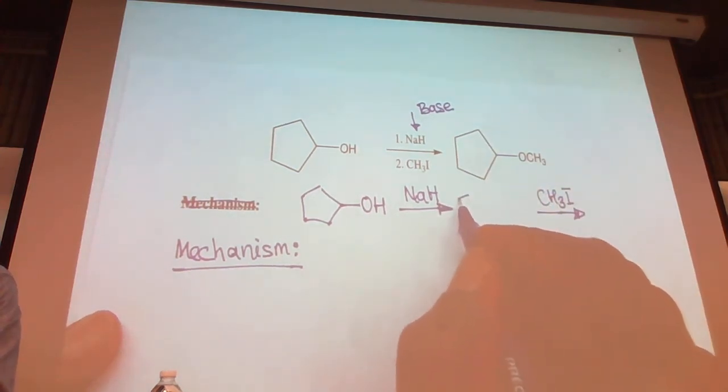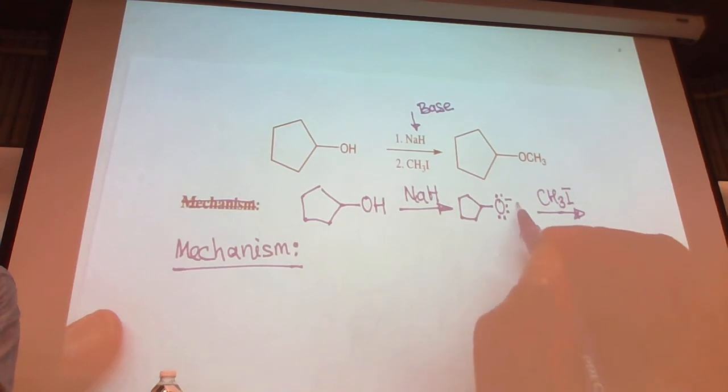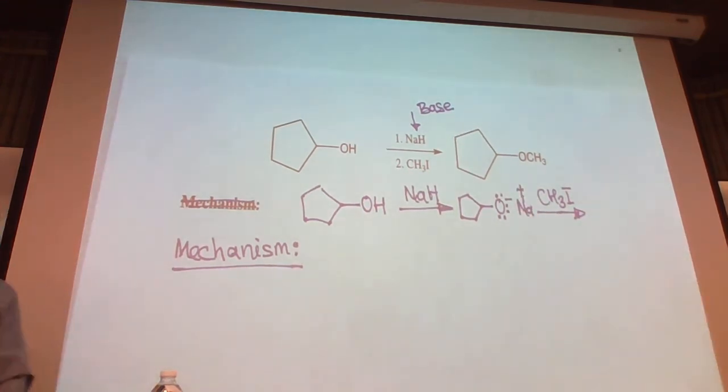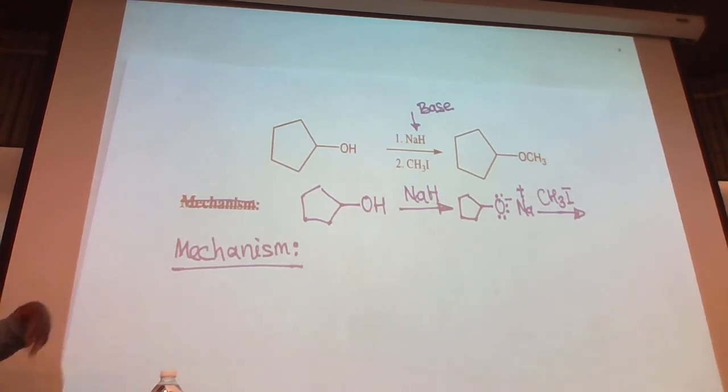In this case, the intermediate you obtain here will be this alkoxide, stabilized by the sodium, and of course the hydrogen will combine with the other hydrogen from the hydride and form H2, which will be given up as a gas.